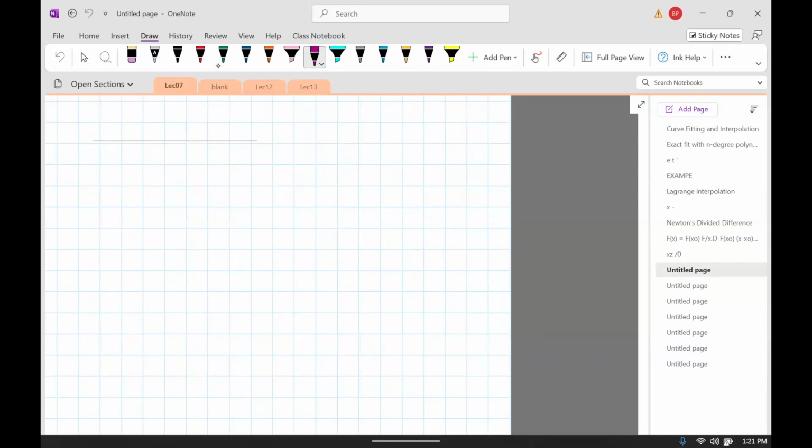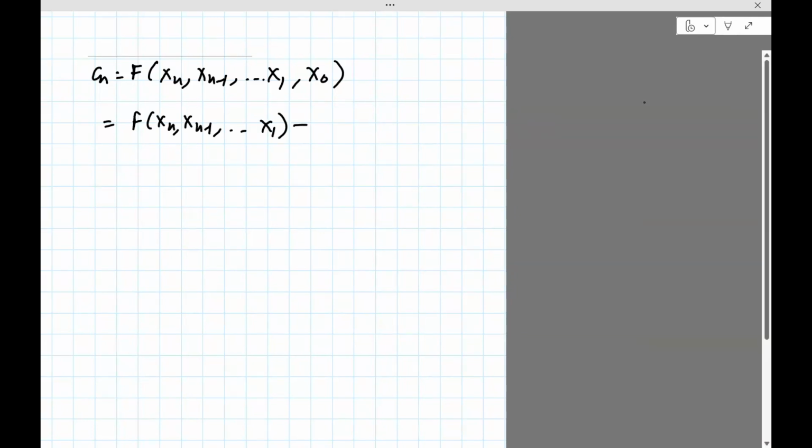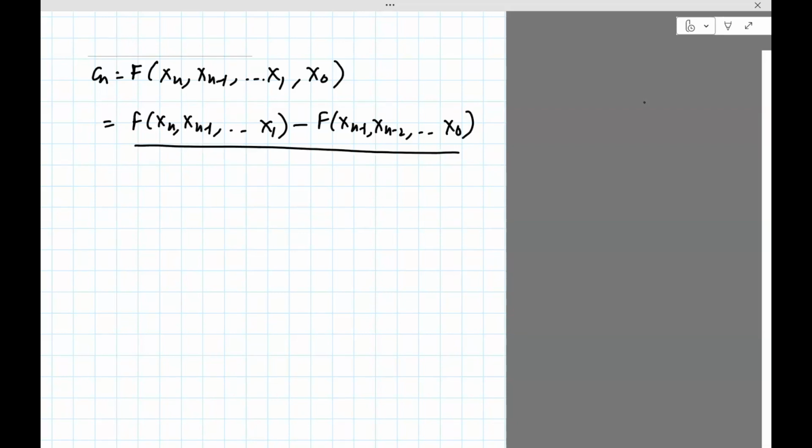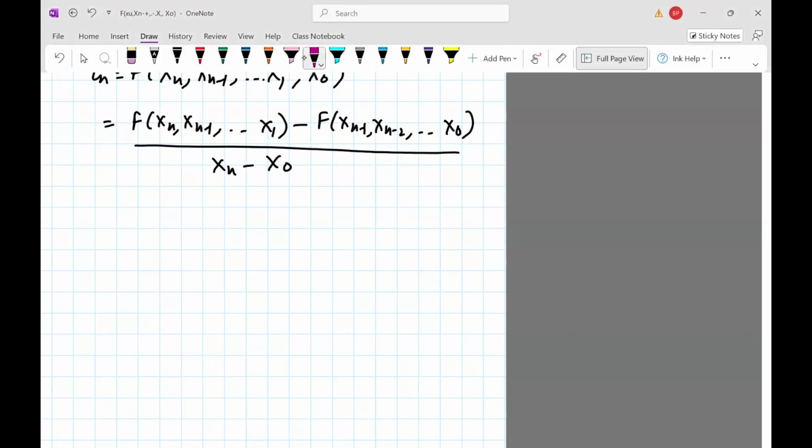So if you want to do this for Cn, it will be F xn, xn minus 1, and so on till x1, minus F x n minus 1, x n minus 2, and so on till x0, divided by xn minus x0. So that's the last one.